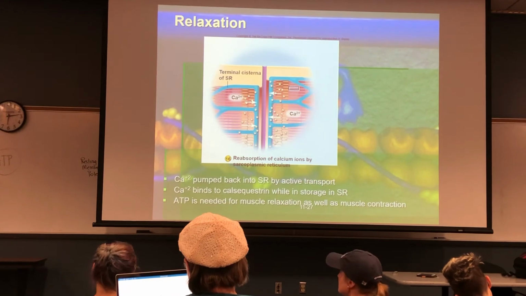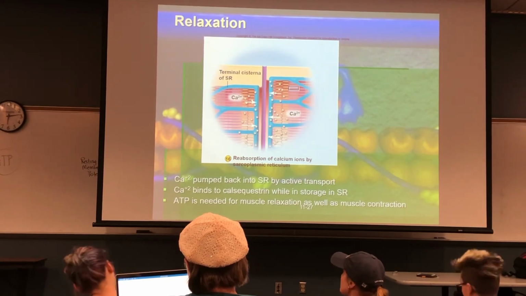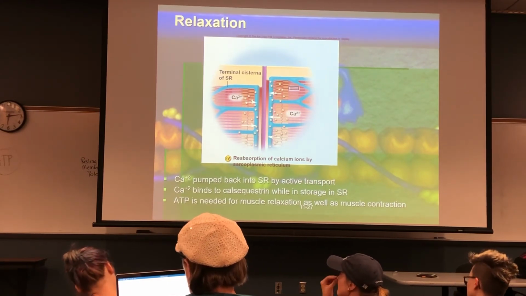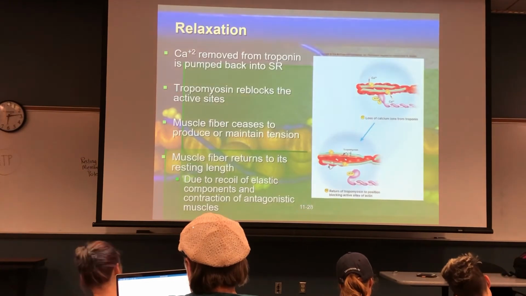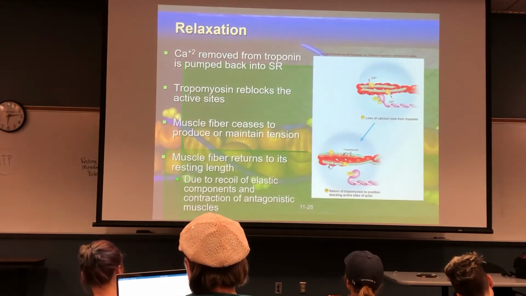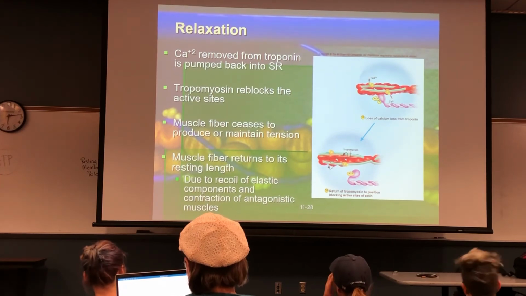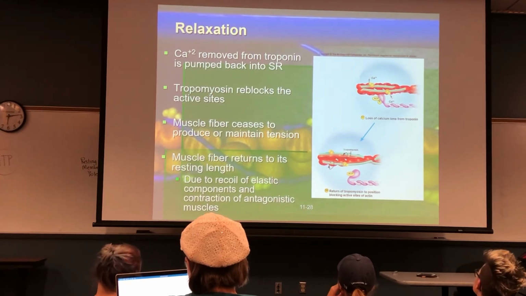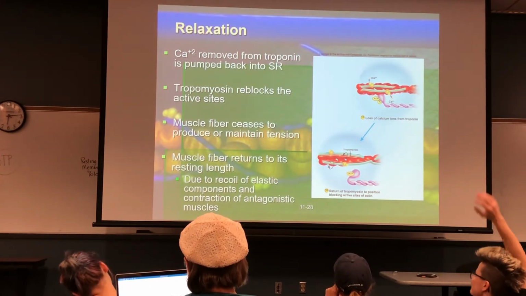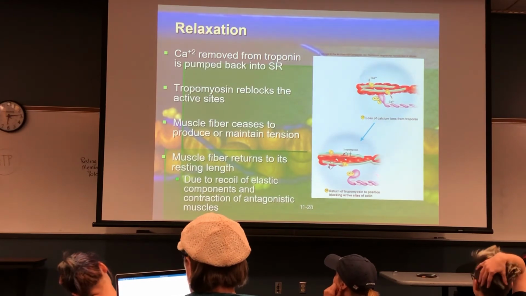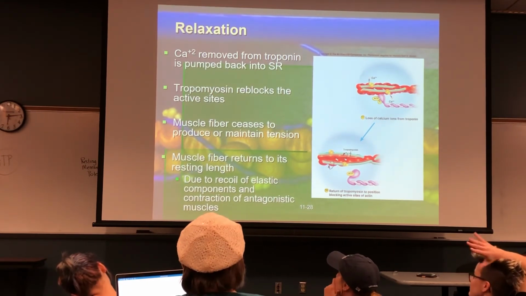So your answer again is ATP is used for the power stroke, and it's used to actively transport calcium back into the cistern. Without calcium present, the loops of spaghetti, the tropomyosin, start swinging back and covering up the active sites. And myosin is left without any opportunity to interact. That's the whole story.